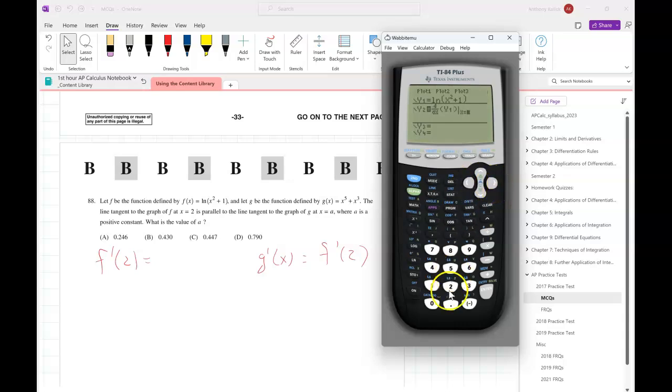So I'm going to change that to 2. And then g is x to the 5th plus x cubed. And again, I could do the derivative by hand here, but I'm not going to risk it. I'm just going to do it on my calculator.